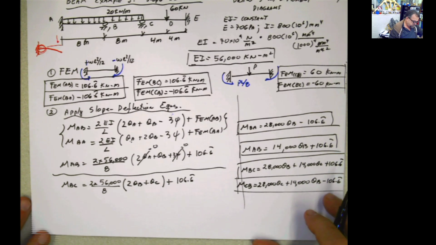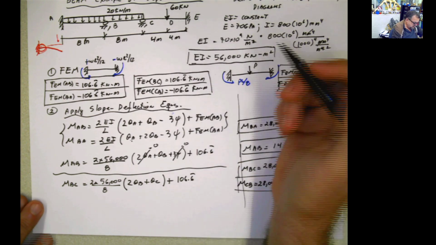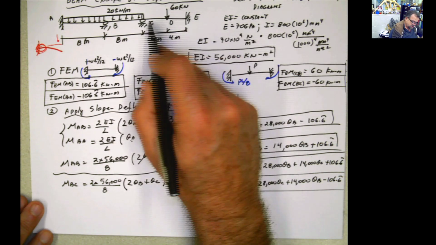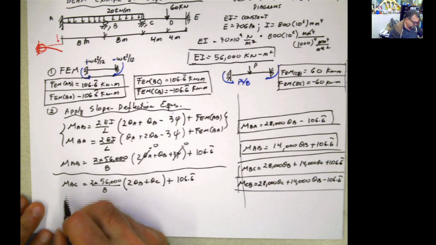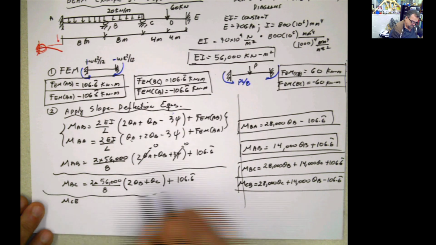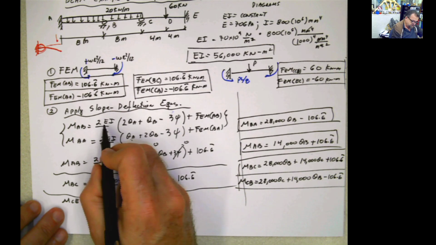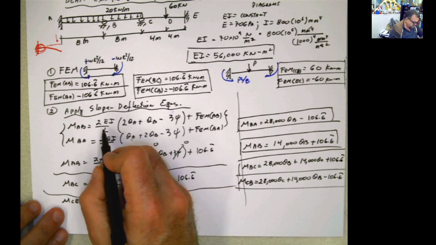What else? Now we have to calculate the last one. What is the last one? Rotation CD and DE. So if we want to calculate the moment CE, the moment CE is going to be equal to 2 times EI over L. How much is that? 14,000, right?